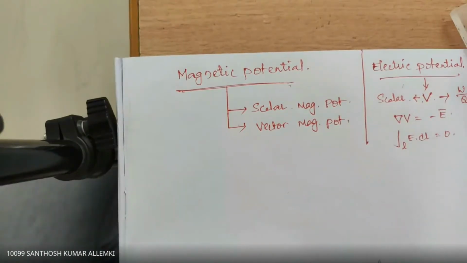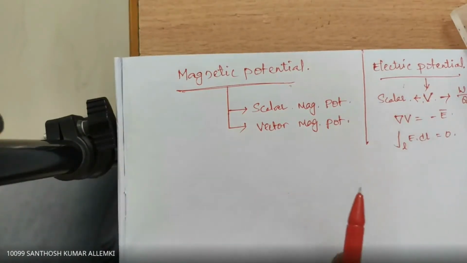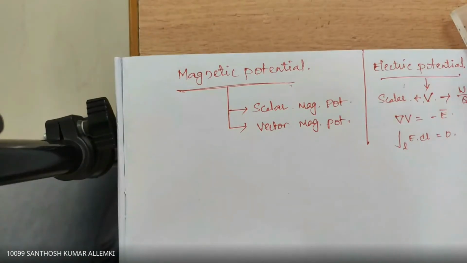Now see here, what we need to calculate in this magnetic potential concept is, for the existence of magnetic potential, what are the conditions to be derived? Generally potential is work done per unit charge. Here also it is work done per unit current.